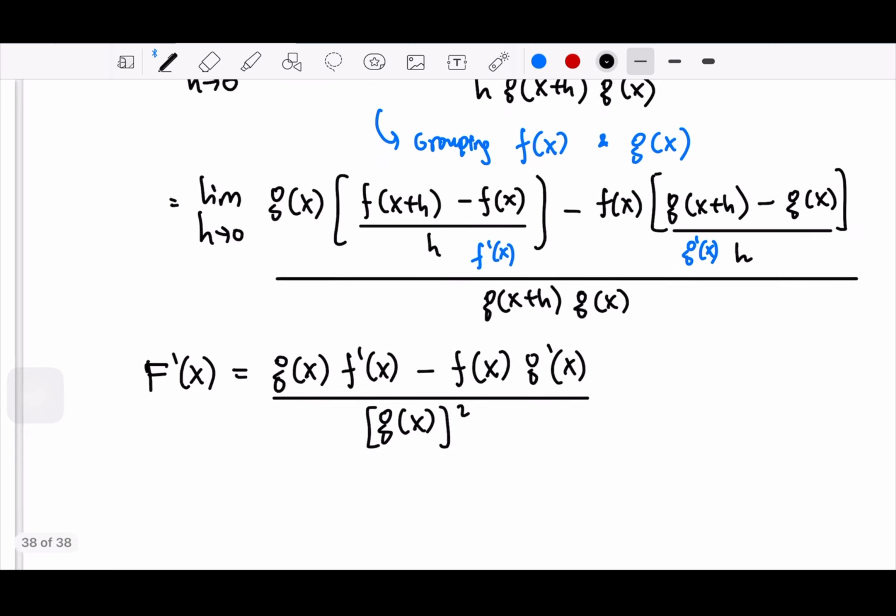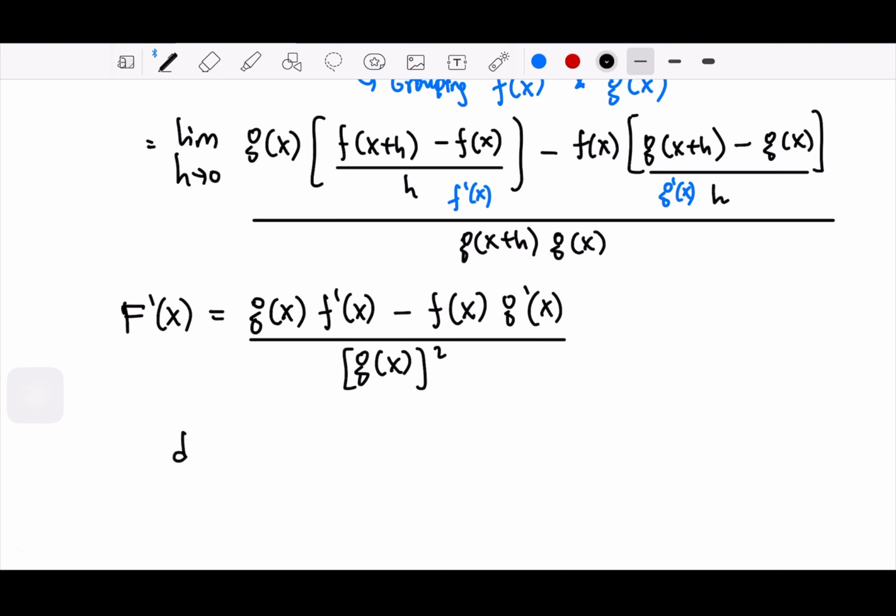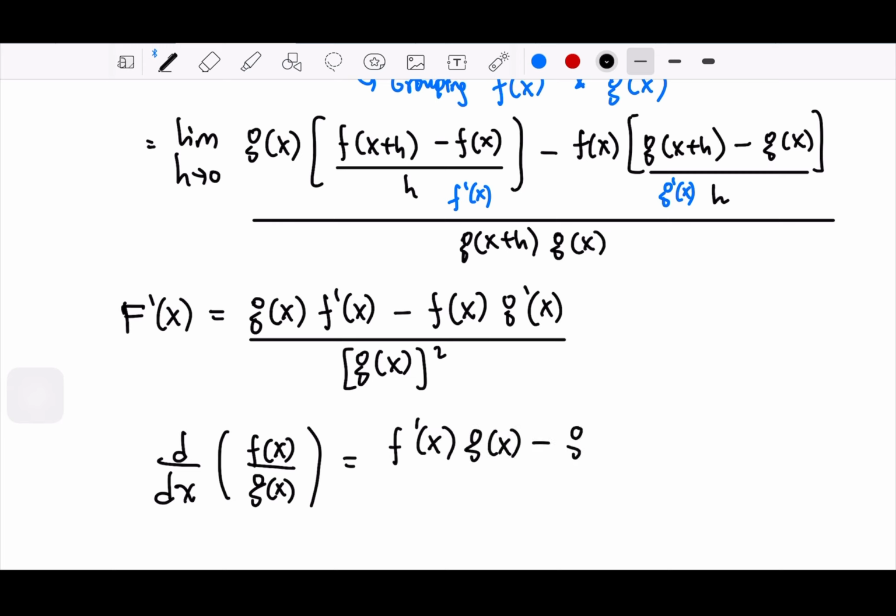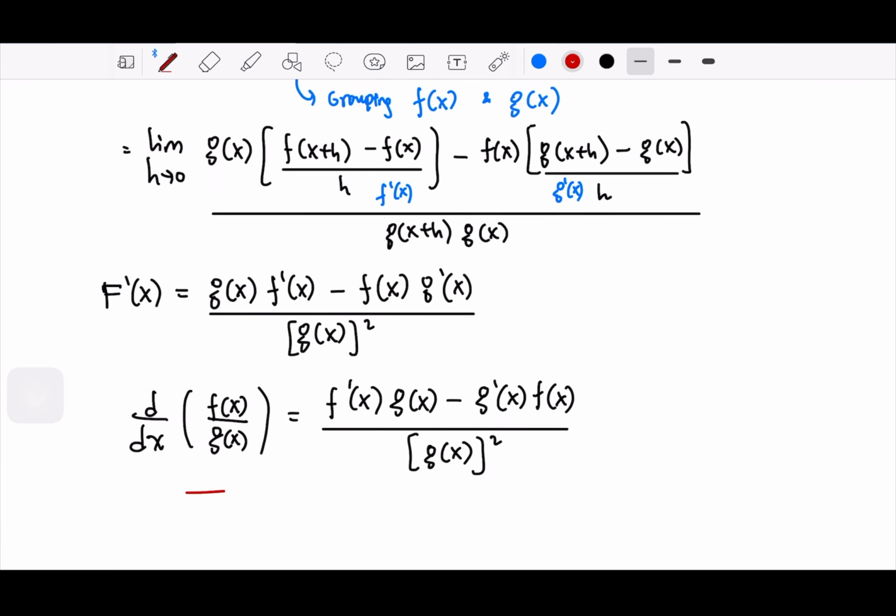But usually I suggest writing down the formula with the term f at the beginning, so this will be the quotient rule.